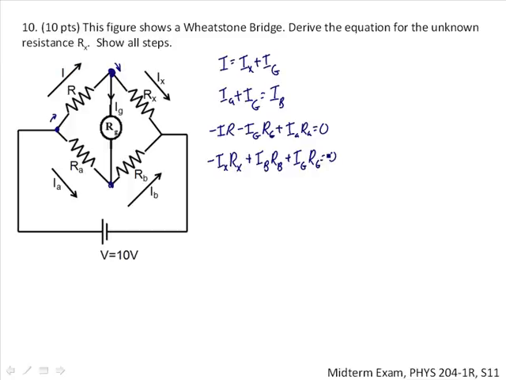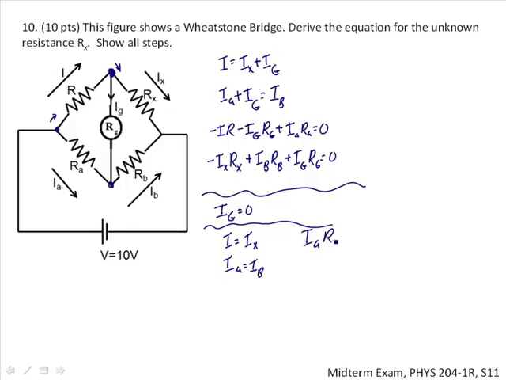Alright, and then I needed to see that you made this leap that Ig is equal to 0, and then these equations simplify. That is that I equals Ix, because Ig goes away in each of them. Ia equals Ib, and then for the loop rule equations, IARA is equal to IR, IBRB is equal to IXRX.